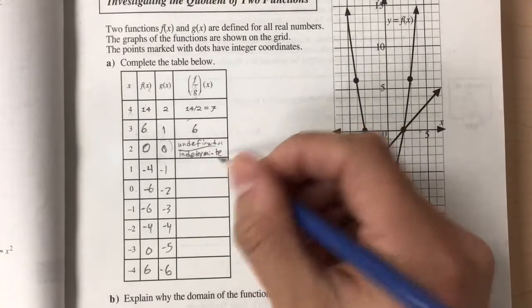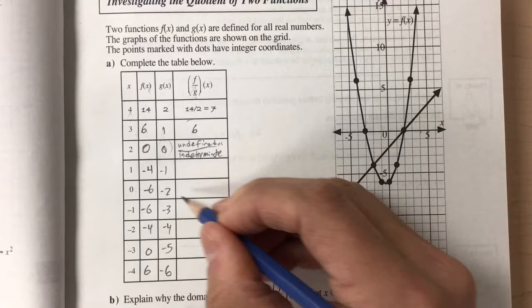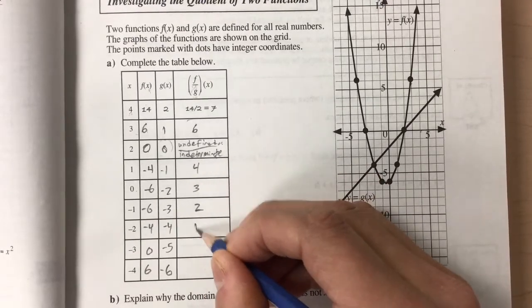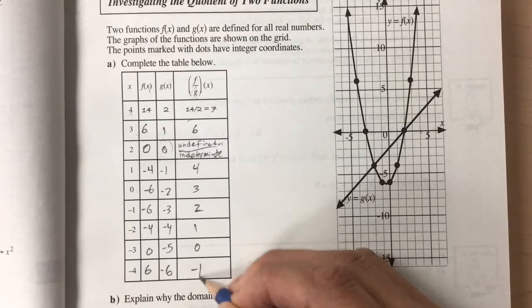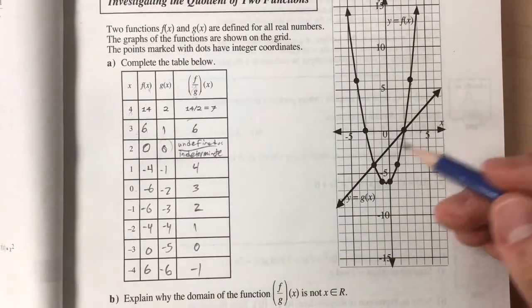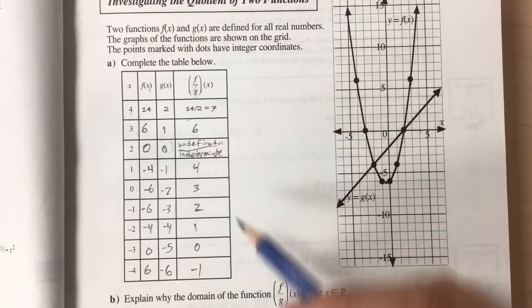So you can't divide by 0. 4, 3, 2, 1, 0, and -1. So the next thing we are going to do is graph our new function.